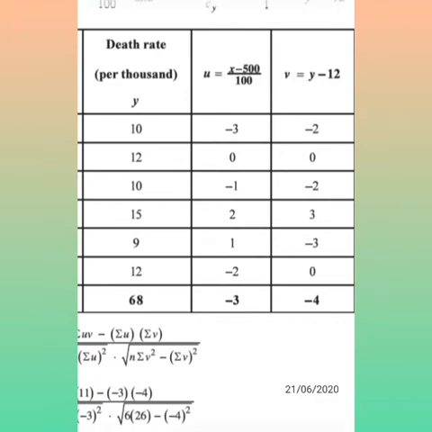So we are using this formula, v is equal to y minus 12. Then you would find 12 minus 12 gives 0, 10 minus 12 gives minus 2, 15 minus 12 gives 3. Then for the next rows it is minus 3 and 0. If you total the column of v, the answer you will get is minus 4. That is how you got your v.